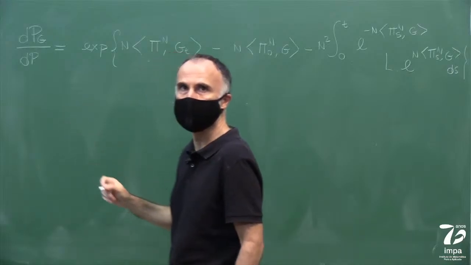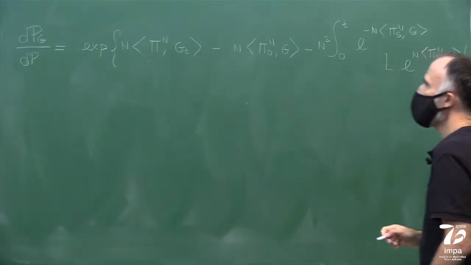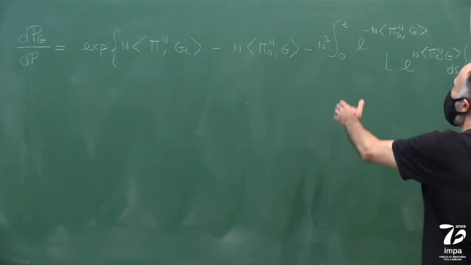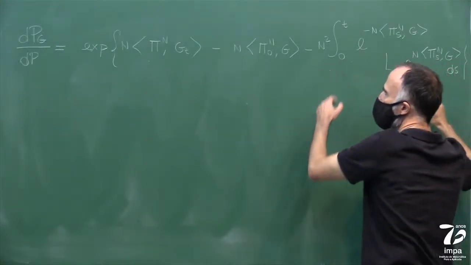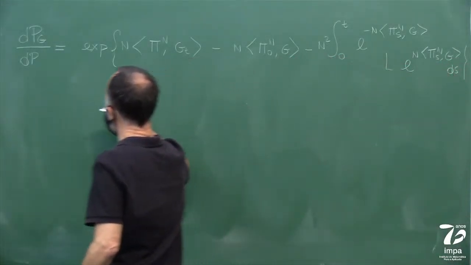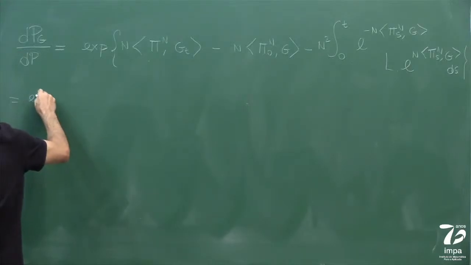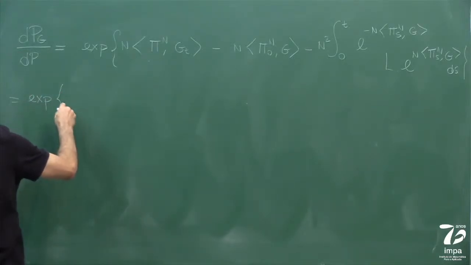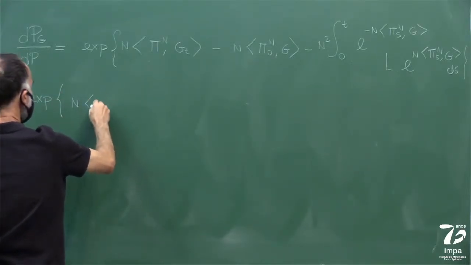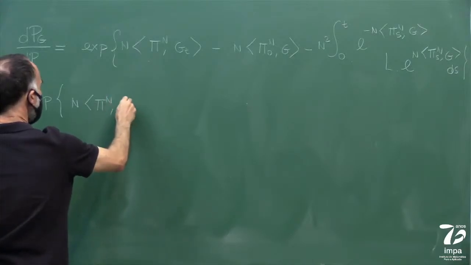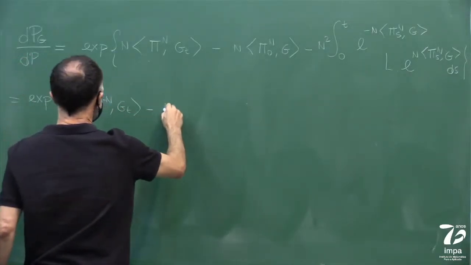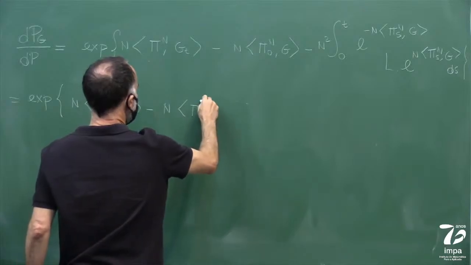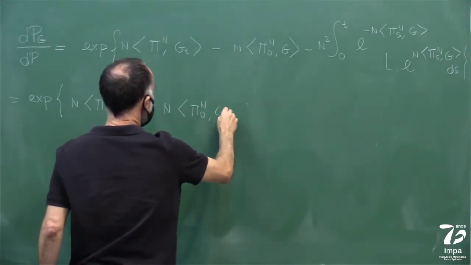Okay? We computed this expression, and we proved that it is n pi n g t minus n pi n 0 g.